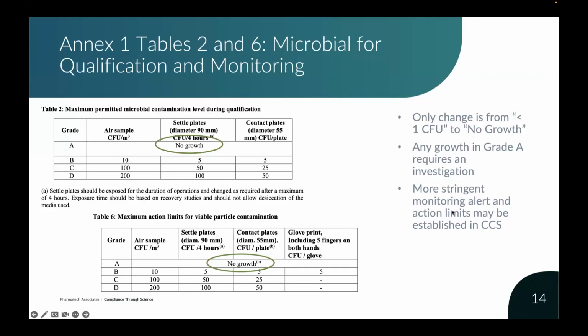But for grade B or C, particularly C and D, more stringent alert and action limits really should be established. Generally in history, you're going to see much better performance in a clean room, even a C and D clean room, than what you're seeing here in these particular limits.